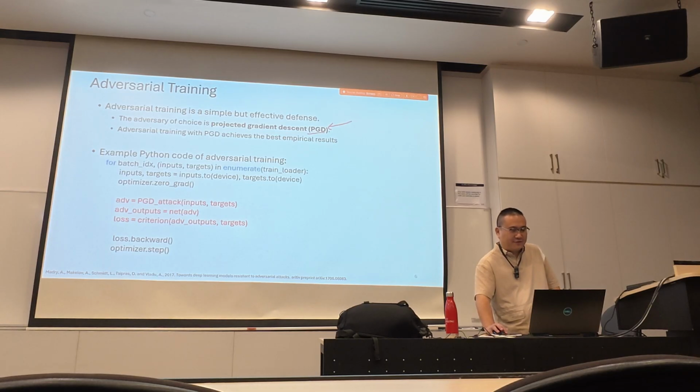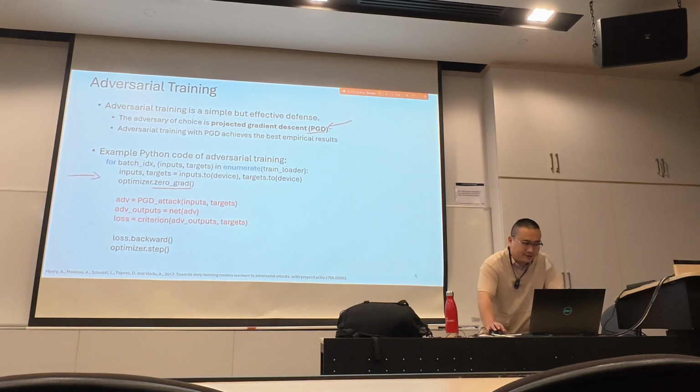And then here's the Python code for adversarial training. We start a for loop, and in the loop we get the data. Remember that we need to set the gradient to 0 at the beginning. Then instead of directly giving the data to the model, we generate the attack. We generate PGD attacks, and then we pass the attacks to the model. Then we calculate the loss, and then we do the optimization.